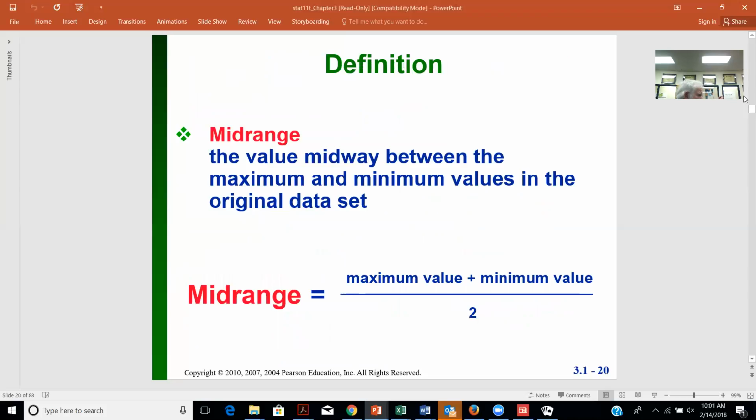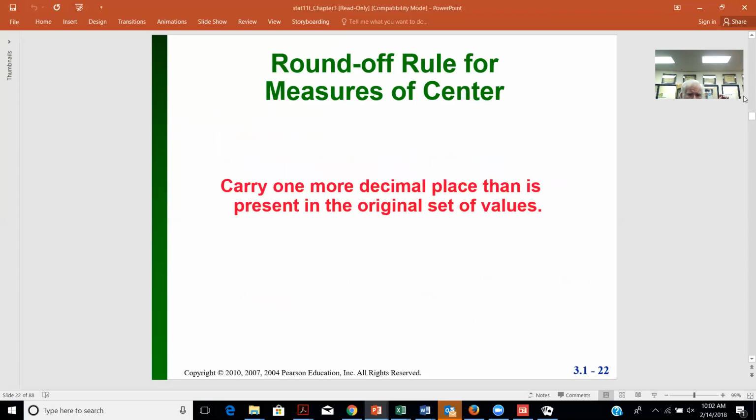And if the data points are fairly smoothly distributed, and I'll draw that out on the board in a moment, if they're fairly smoothly distributed at that point, then the mid-range is a reasonable way to estimate where the center of the data lies. Why do we care about that? Well, we'll come to that later when we start talking about deviations from center.